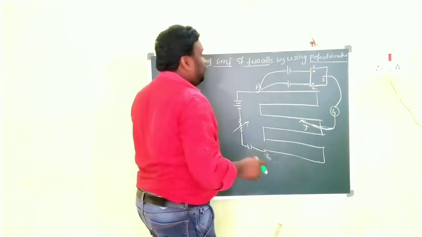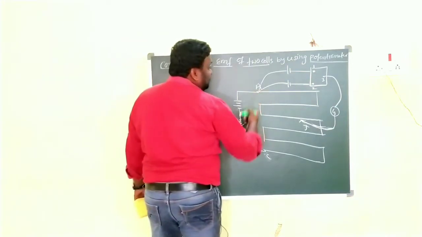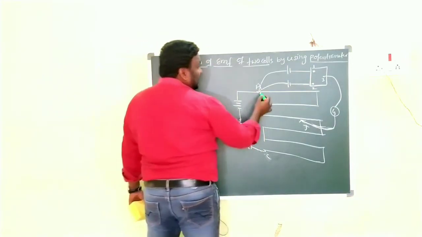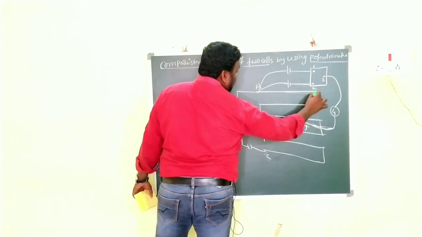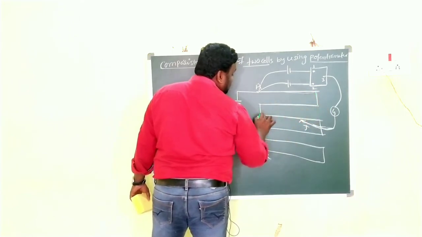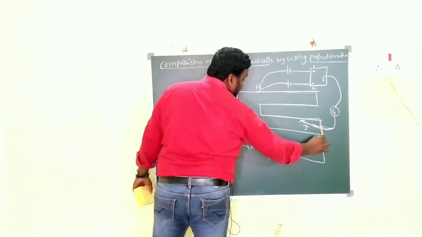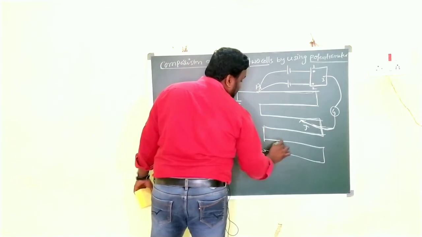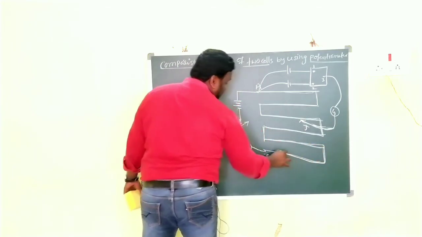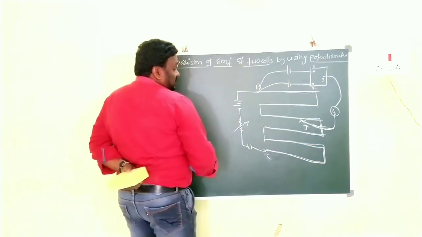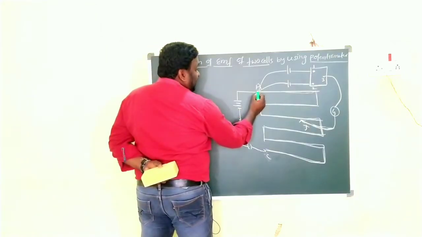Children, for that the circuit is as shown in the figure. We are taking a potentiometer that should have many wires, but I am showing it simply here with a very small number of wires.